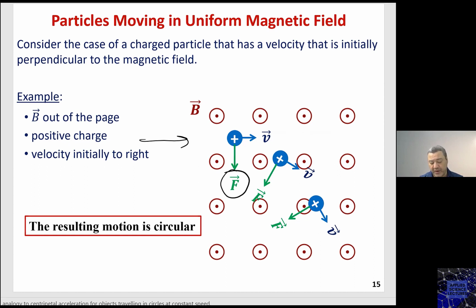With a force pointing downward, perpendicular to the velocity, the charge is going to change its direction. The speed itself is not going to change. However, the direction of the motion is going to change, and this is going to result in a circular motion.